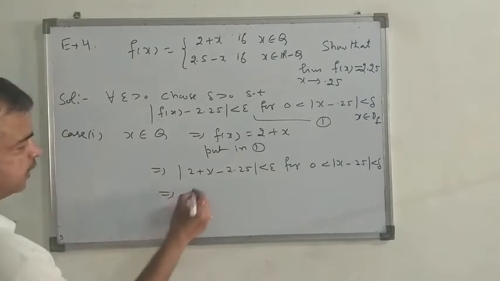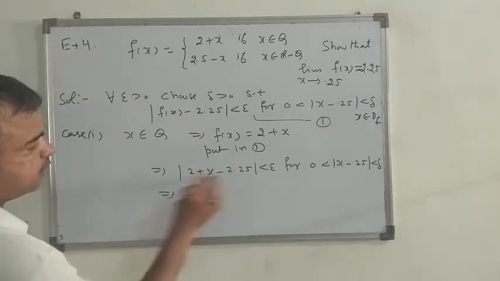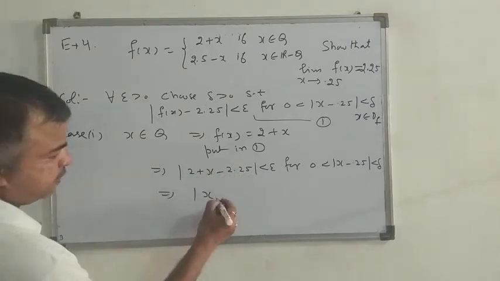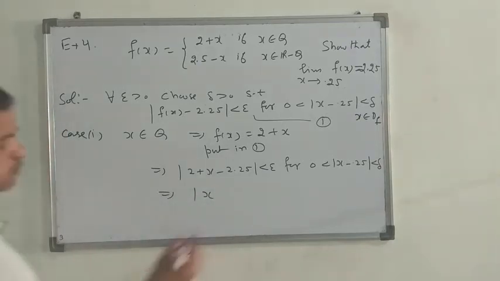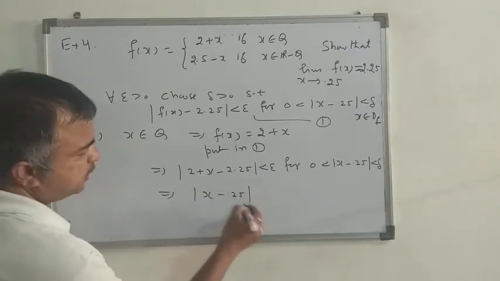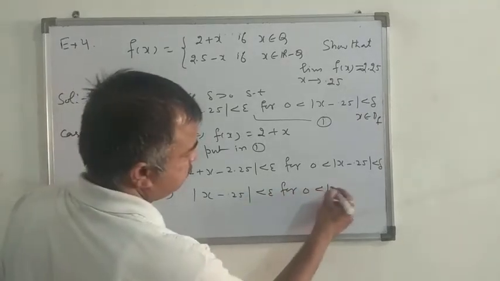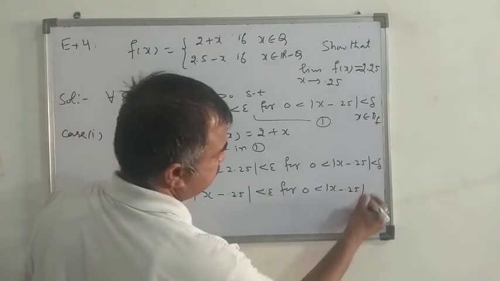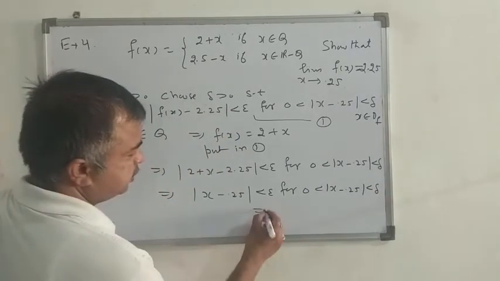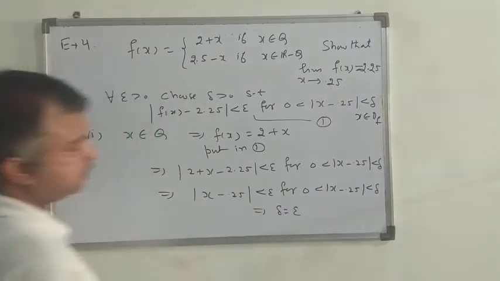So this is again |x − 0.25|, since 2 − 2.25 is −0.25. So it means delta equals epsilon.